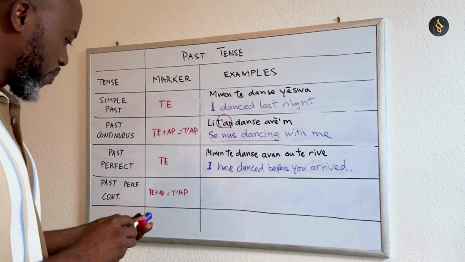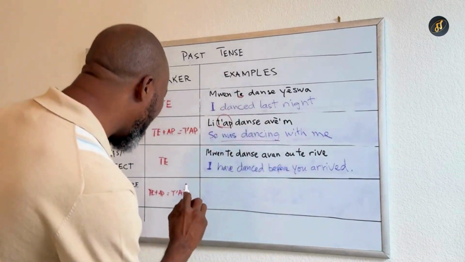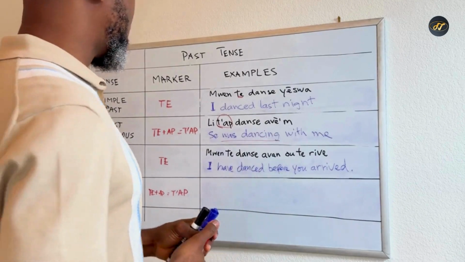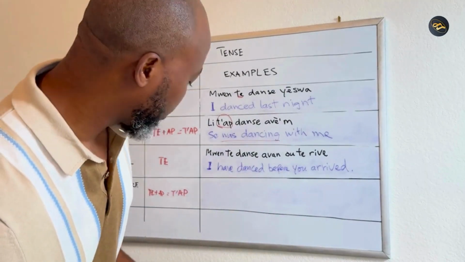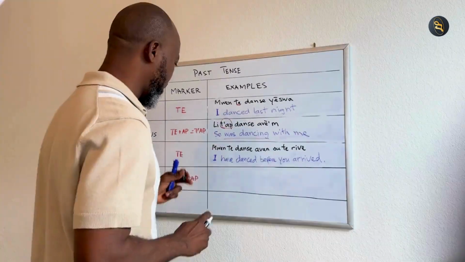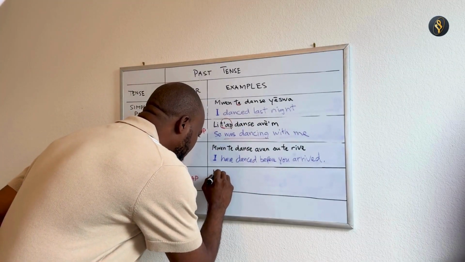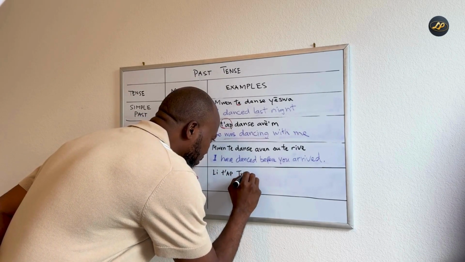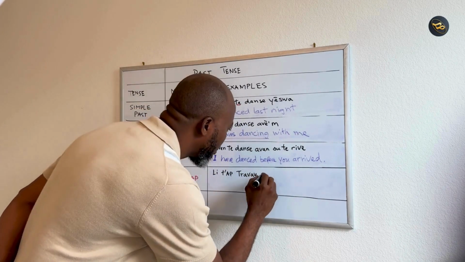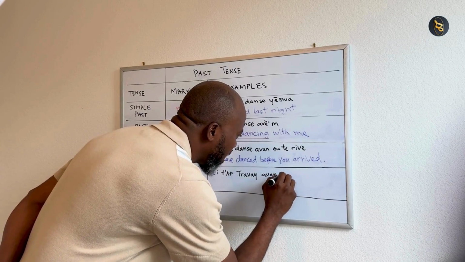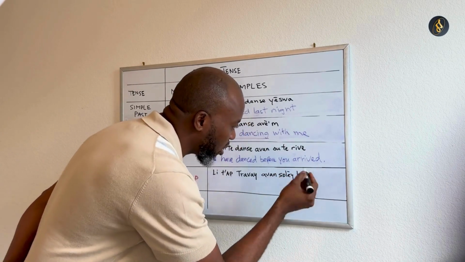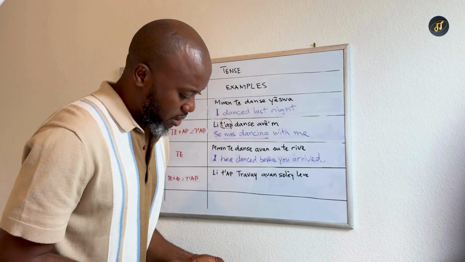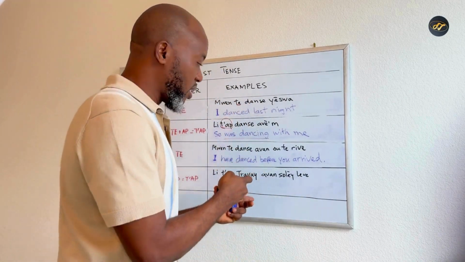It's gonna be tap, and we're gonna use that plus something else. Like I could say an example: Li tap travail avant soleil levé. It's our way to say this.